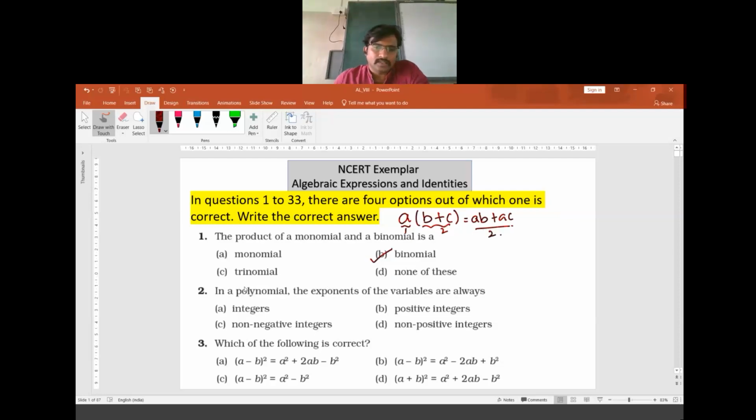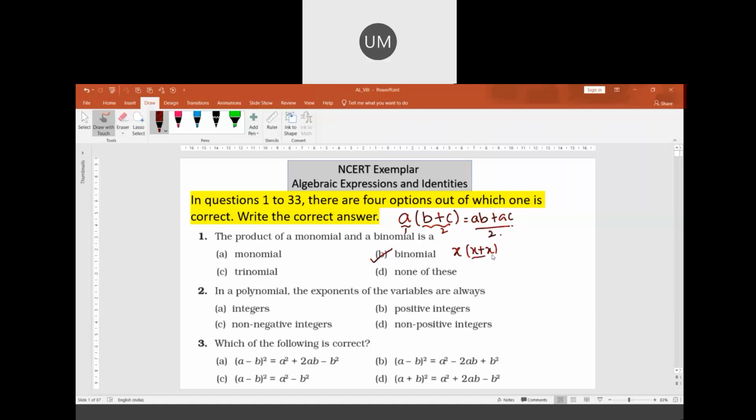Sir, what if we kept the question as x multiplied by (x plus x)? It will become 2x. Abhinav, before we solve, we have to identify whether it is a monomial or binomial.